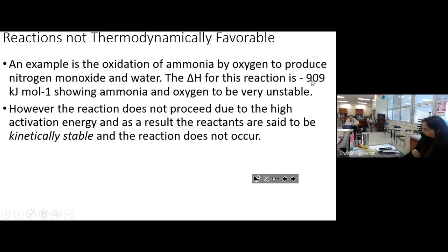The delta H is a negative 909 kilojoules per mole, showing that it's very unstable. But the reaction doesn't proceed due to the high activation energy. You would have to input so much energy into it to get it started that we just don't see this happening. Okay, it just doesn't occur.